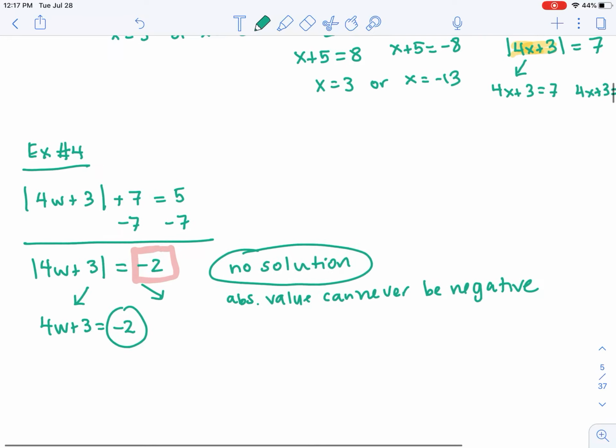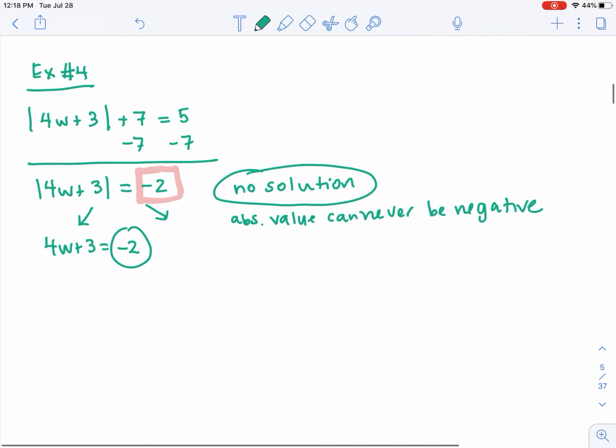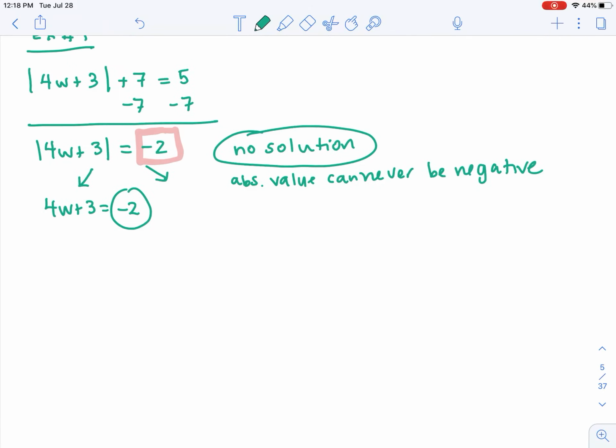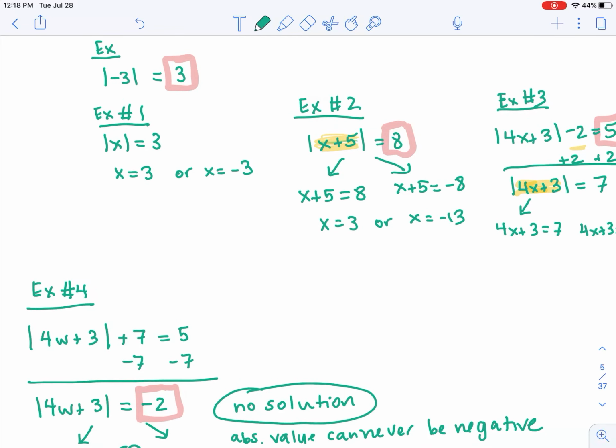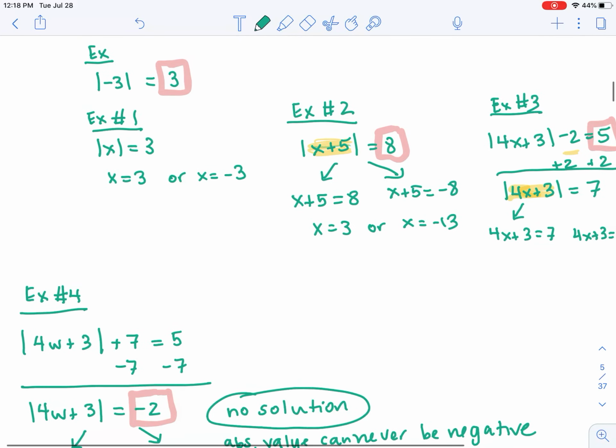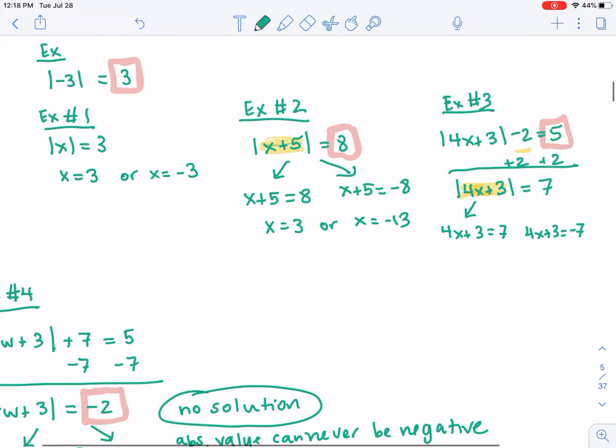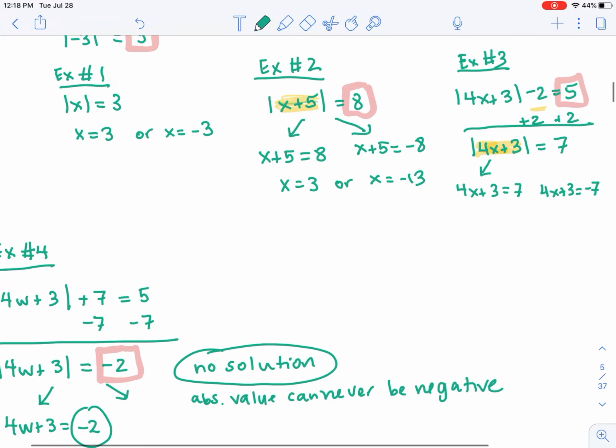Okay, and it's important as we go through and solve that we're also able to make sure the answers and solutions that we have make sense. So for the above problems, you'll notice that you only had just the absolute value expression set equal to a number. It's always safe for us to go back, plug the values that we had for our solutions back in and make sure that it makes sense.